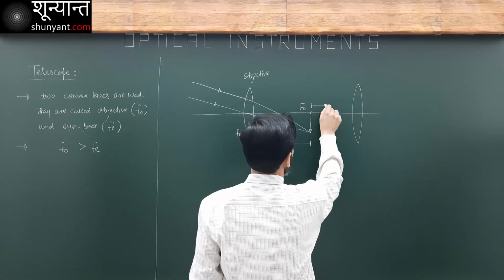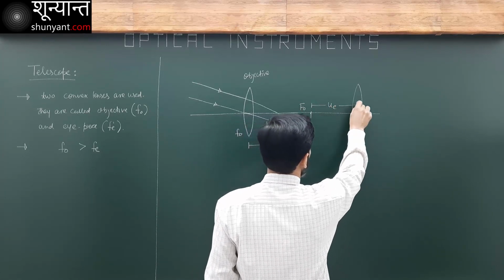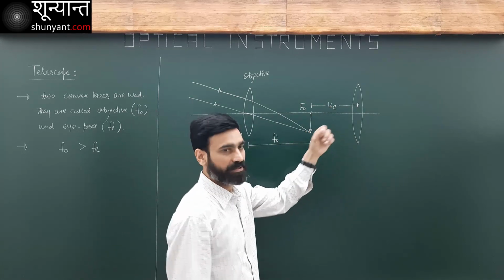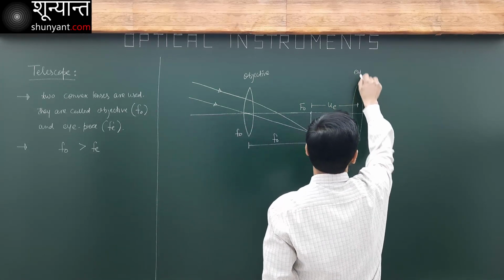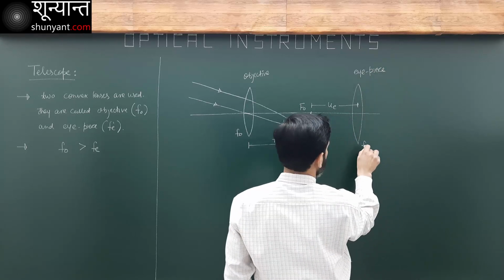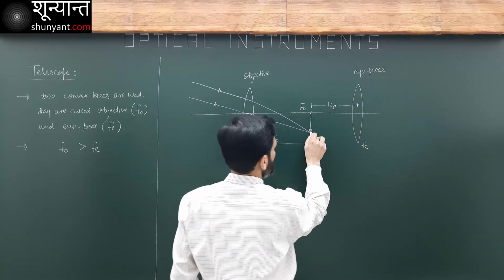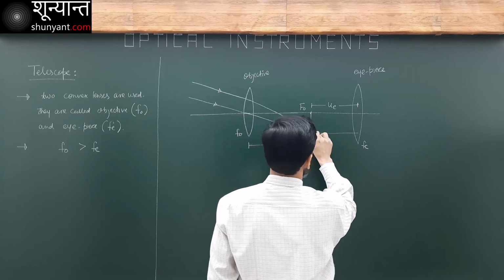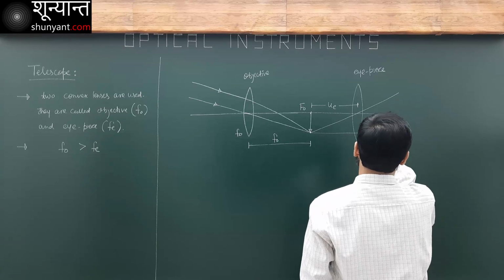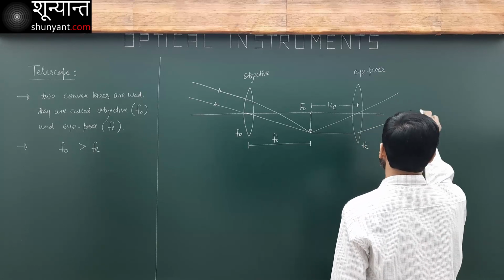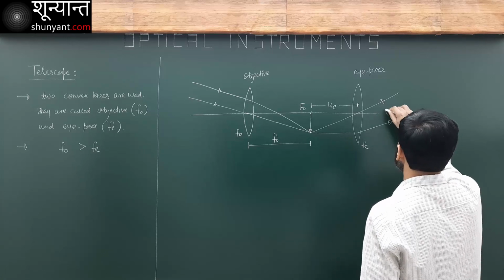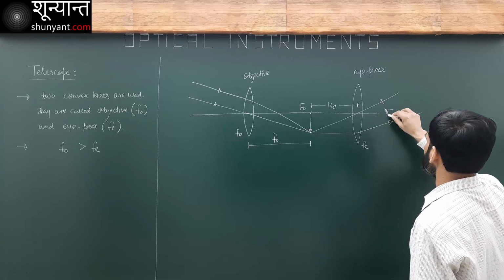This point is always going to be the focus of the objective. Now this distance is UE, let's say. It is the distance from the eyepiece. This is my eyepiece. Its focal length is FE. Depending on this distance, I am going to get my image at different distances. I always adjust my lens such that I get a virtual image.